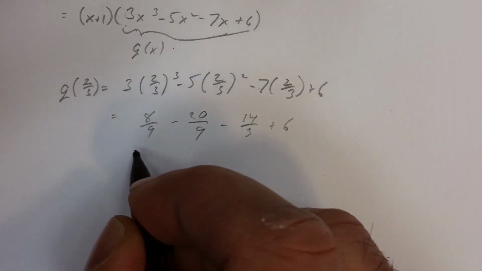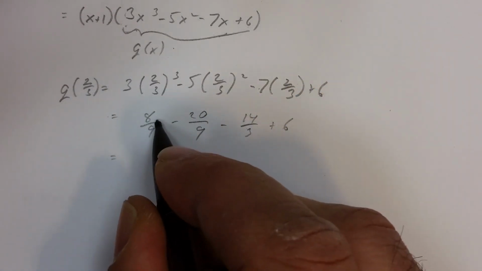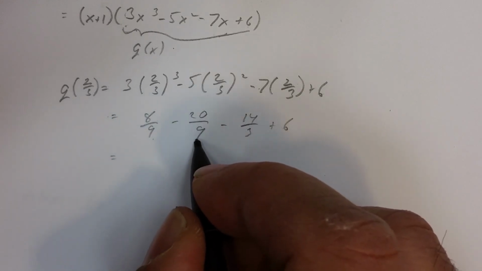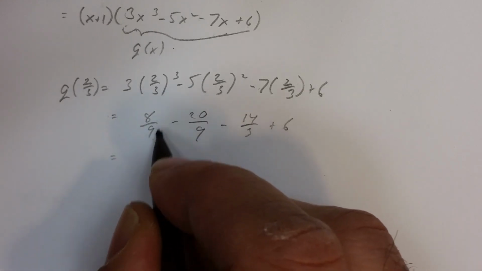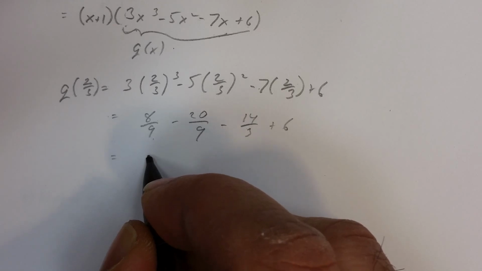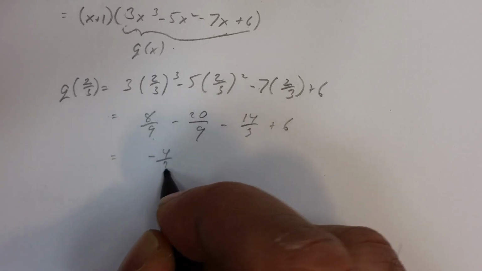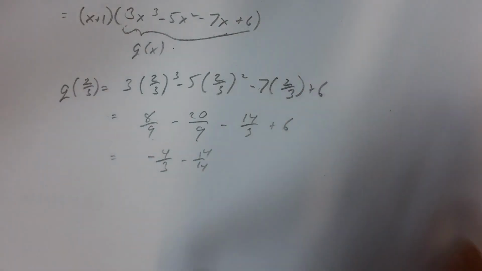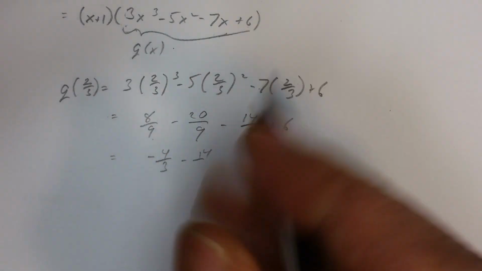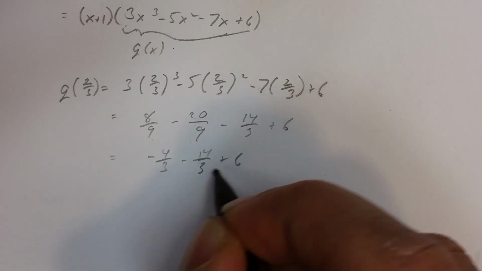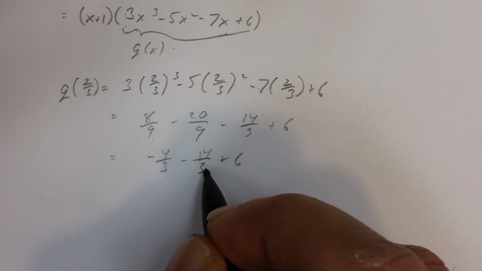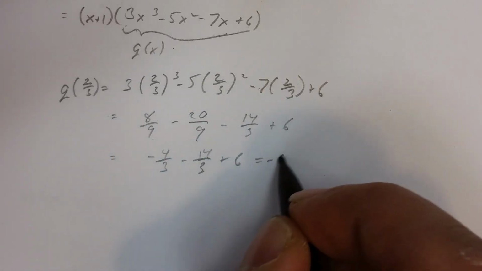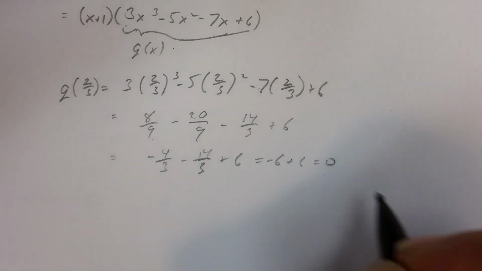This is equal to, so 8/9 minus 20/9 is minus 12/9, which is the same thing as minus 4/3 minus 14/3 plus 6. Minus 4/3 minus 14/3 is minus 18/3. That's minus 6 plus 6, which equals 0.